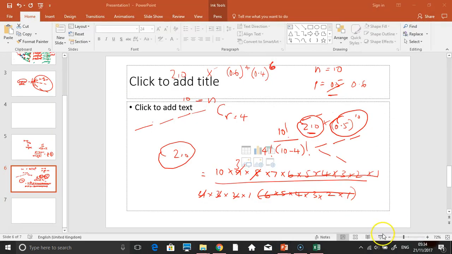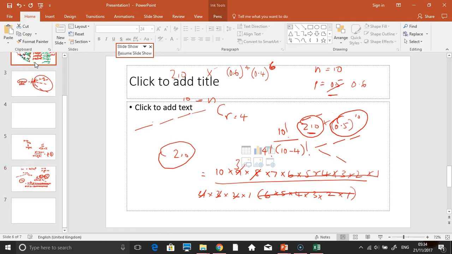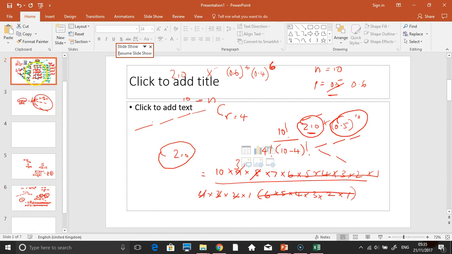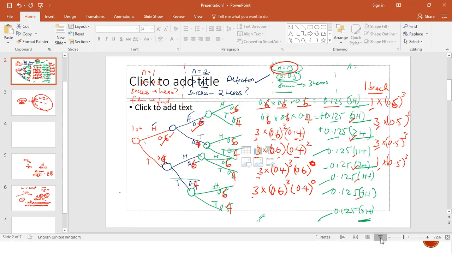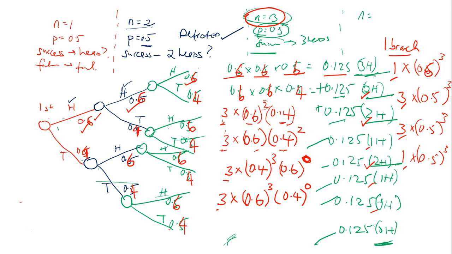Remember, when everything was 0.5 and nice and neat, you had 0.5 times 0.5 times 0.5, which was 0.125, for when you have 3 heads or no heads.